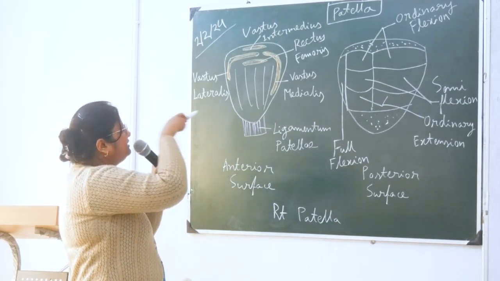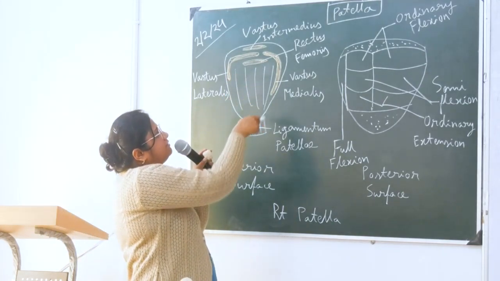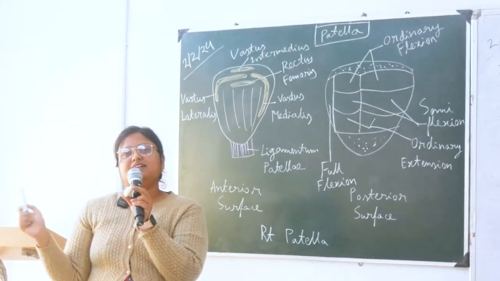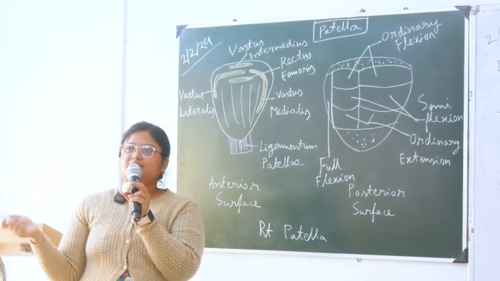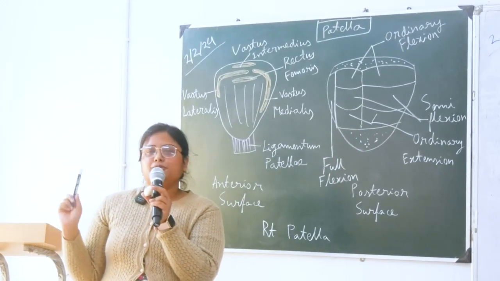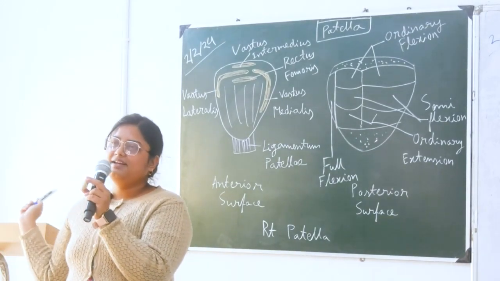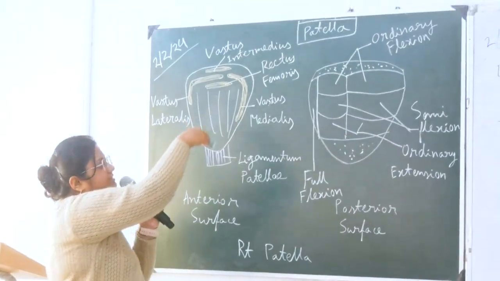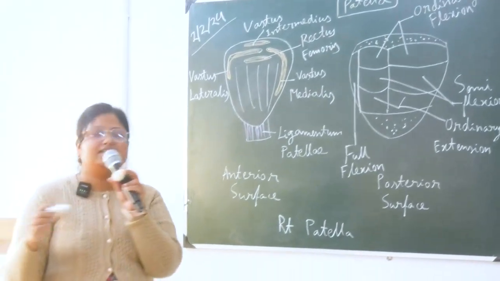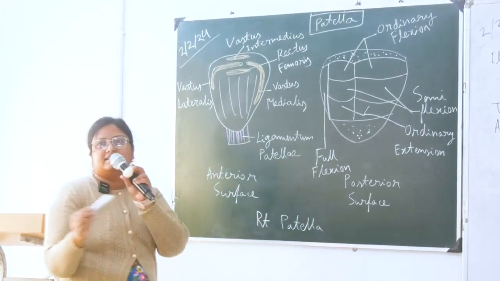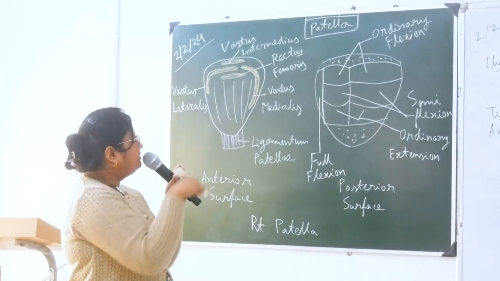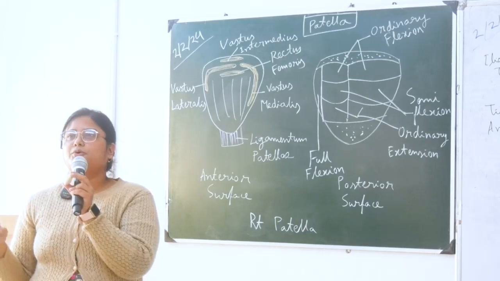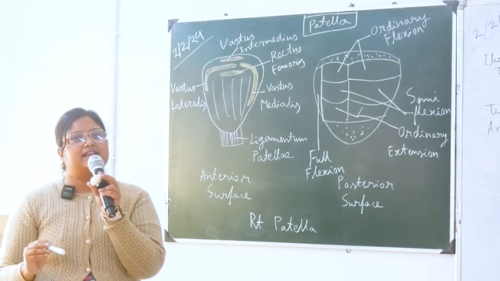So why is the attachment like this? Because during extension of the knee, there is a natural tendency of the patella to displace laterally. To prevent this displacement, the vastus medialis extends more downward than the vastus lateralis, and also the attachment of vastus medialis on the femur extends more downward than that of the vastus lateralis.